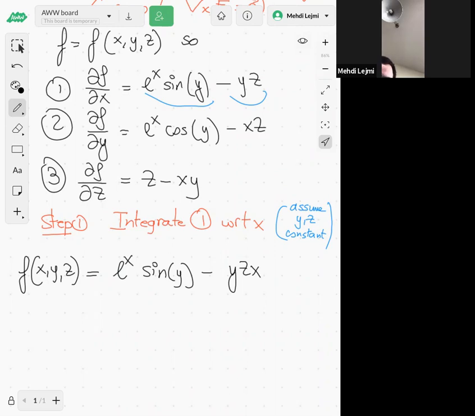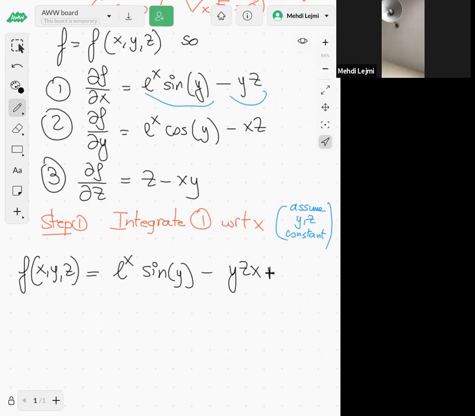And then we are almost done. Plus, when you integrate, you're supposed to add a constant at the end. But here, we are integrating with respect to x, which means y and z are both supposed to be constant. So the constant here would be some function of y and z.